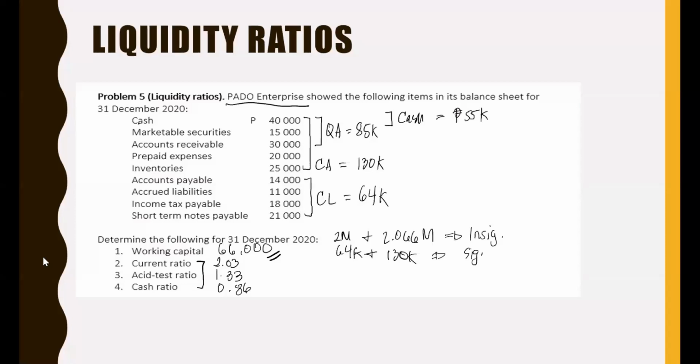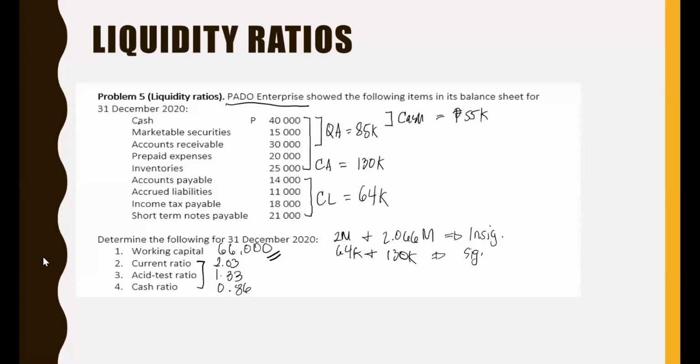Sir, why? Because in order for us to analyze these ratios, okay, we have to have a basis of comparison or a benchmark, right? So we cannot use it on its own. Like I said, the 66,000 cannot be used on its own, right? Current ratio, acid test ratio, cash ratio.